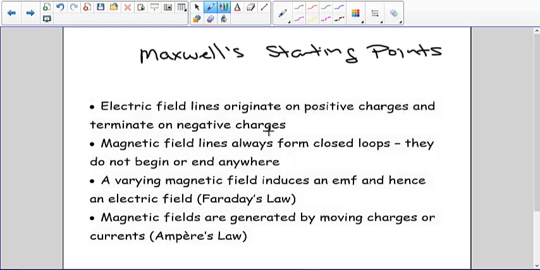So what that's saying is that you have an electric field around positively charged particles, and the electric field is pointing outwards. And if you have a negatively charged particle, the electric field around it is pointing inward.